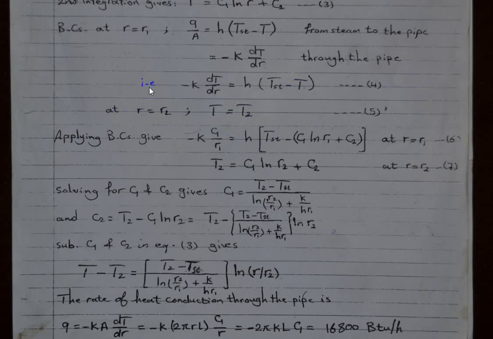This is equation 4 for BCS1, indicating the modulation of the first boundary condition. The second boundary condition will be as follows.